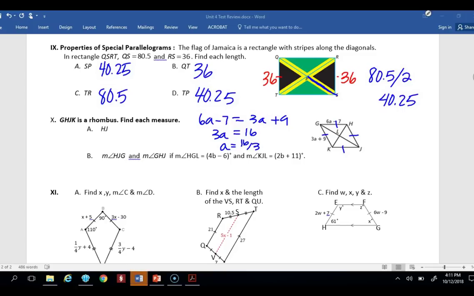Then, when it asks me to find HJ, I just have to plug that value back into one of my sides. So if I plug it back into GK, I do 3 times 16 over 3, and then I add 9 to that. Well, these two 3's cancel each other out, so that's really just 16 plus 9, so that's 25. So HJ is 25 because all the sides are 25.